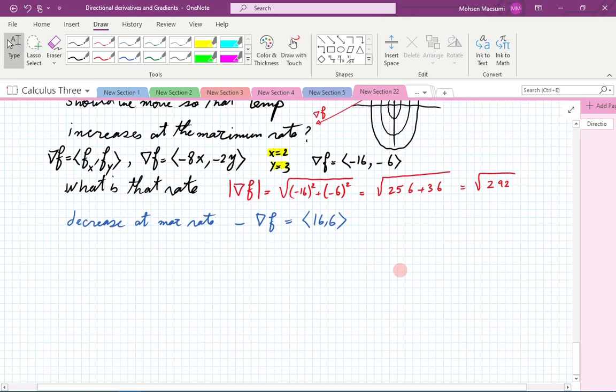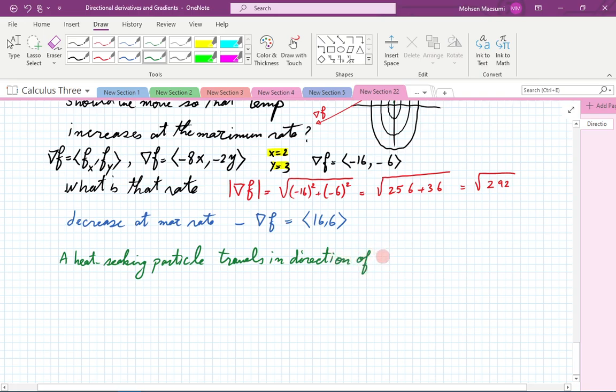So if the problem was posed like this: a heat-seeking particle travels in the direction of maximum heat increase.